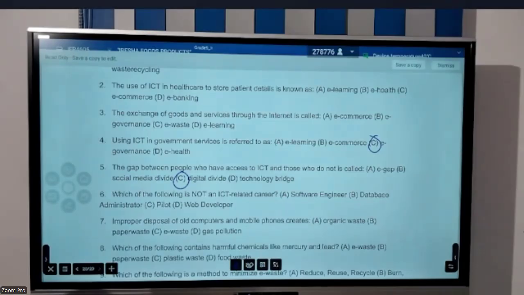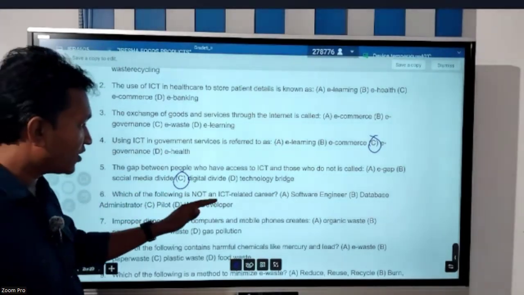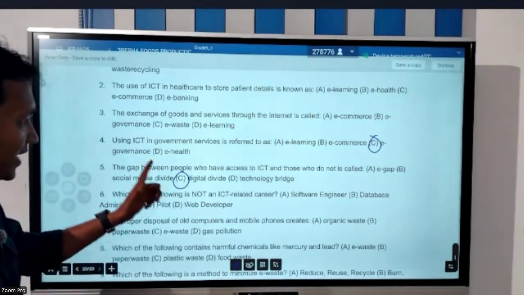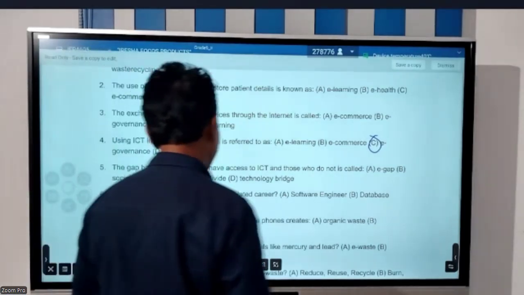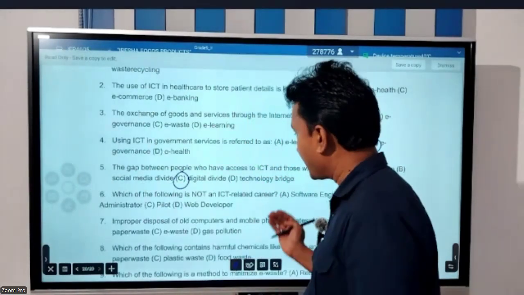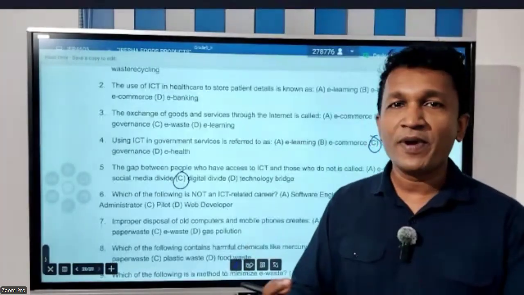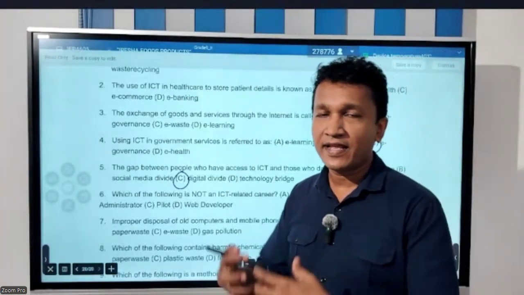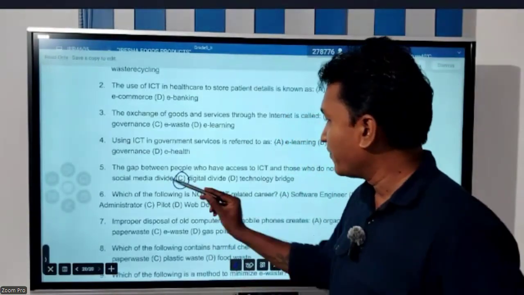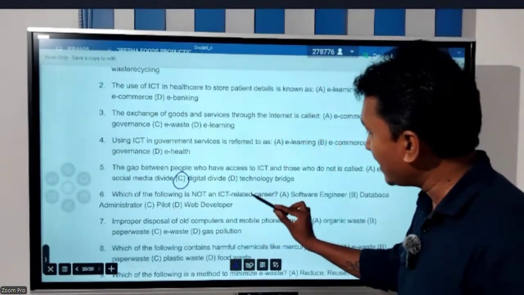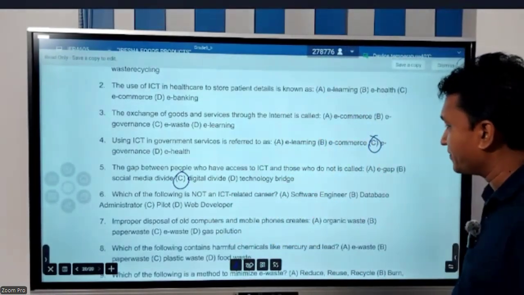Sixth one. Which of the following is not an ICT related career? A career means an ICT related job. Which of the following is not an ICT related career?